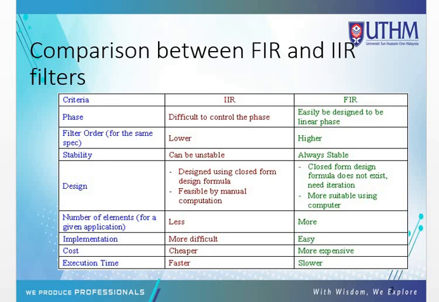And in terms of implementation, IIR is more difficult and FIR filter is easier. For the cost, of course, IIR is cheaper, but FIR is more expensive. However, the IIR execution time is faster than the FIR execution time.